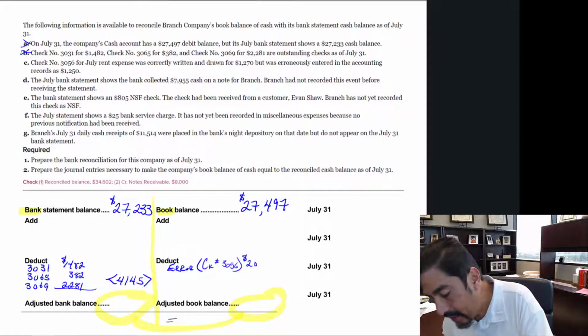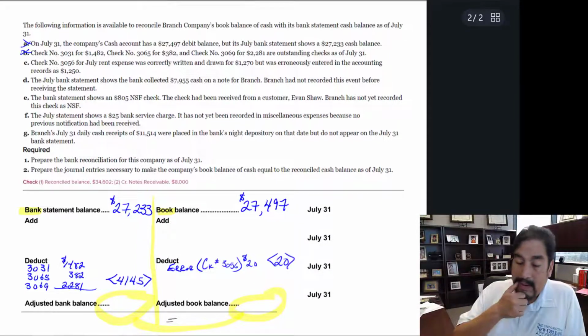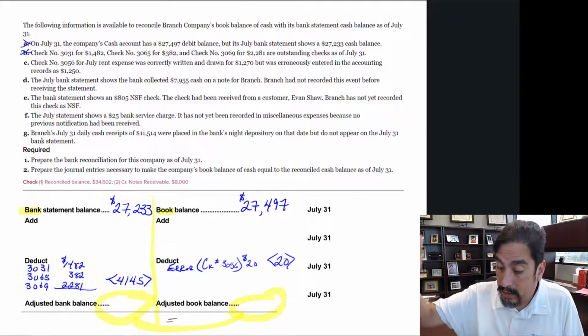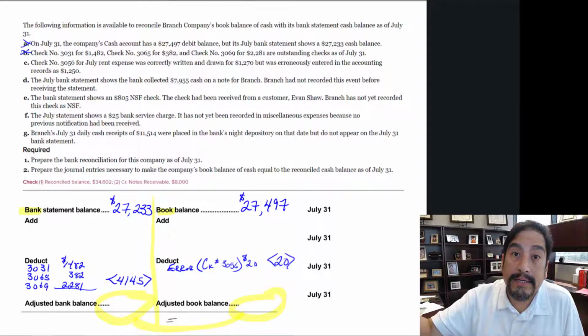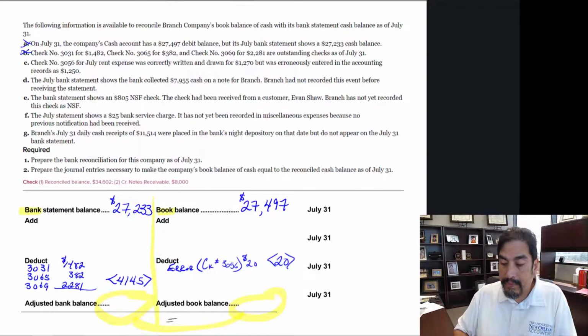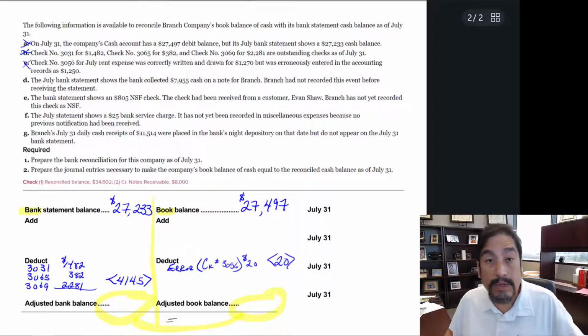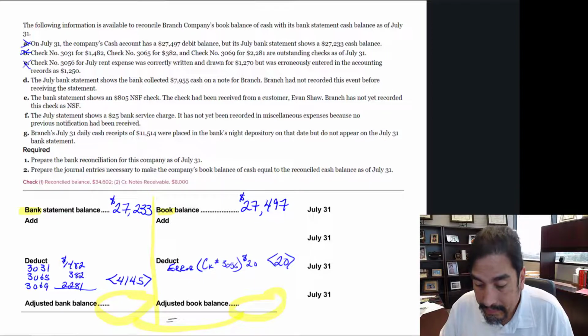And same thing, I'm going to put $0.20 over here. Because if there's nothing else for deduct, then it's going to be book balance plus any additions minus the $0.20 gets us to the adjusted balance. Okay. Those errors are the toughest ones because you kind of have to think your way through it.